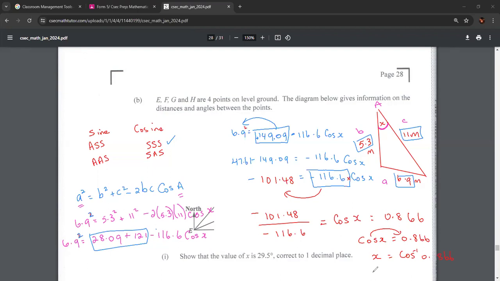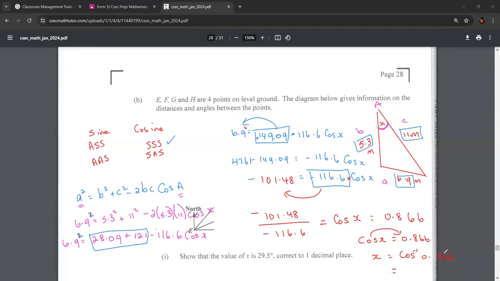So you use a calculator, and we got cos inverse of 0.866. And I got 30. So that means I have to leave this as is.